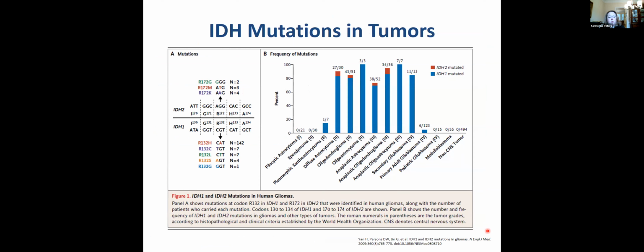And this is Yan's work published in the New England Journal of Medicine, showing that these IDH mutations were occurring in these low-grade gliomas, but were quite rare in glioblastoma. So again, these are very common mutations in this type of tumor.